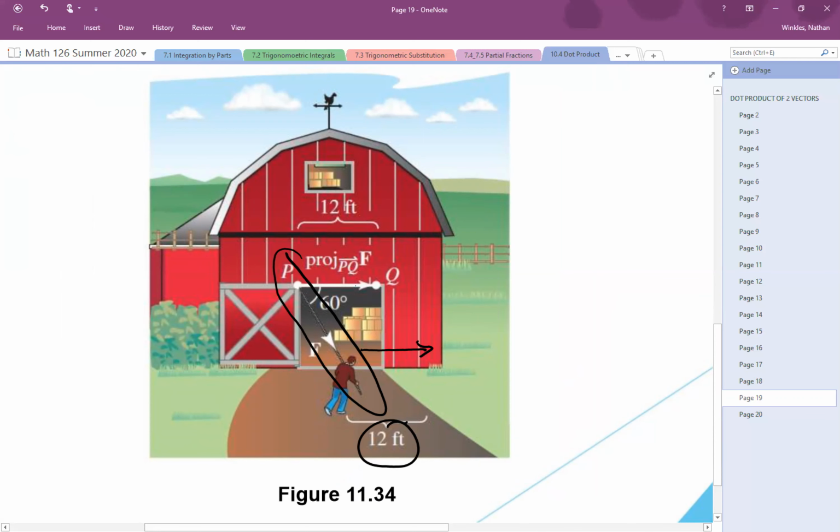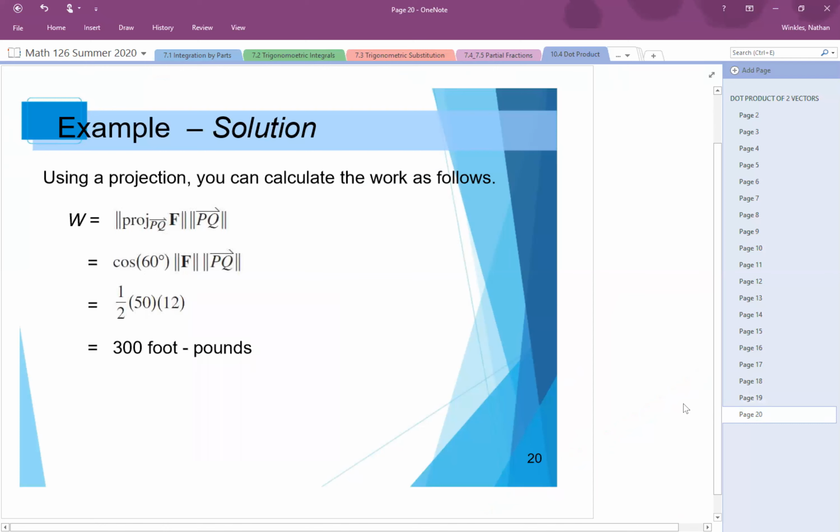So we can use the exact formulas we were just working with. Using a projection, we can calculate the work as the magnitude of the projection of F on PQ times the magnitude of PQ.